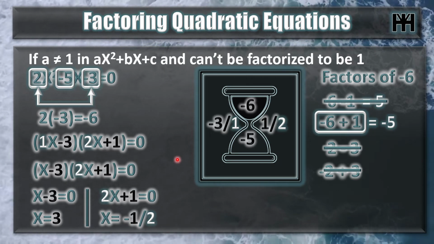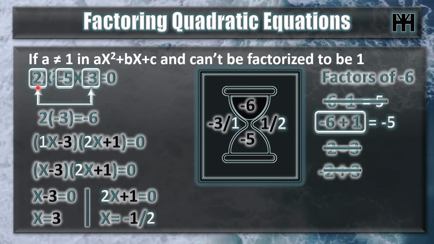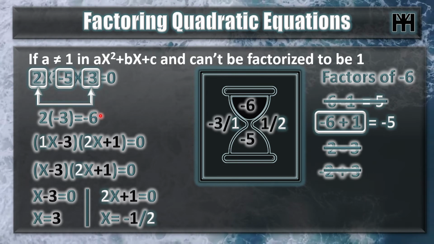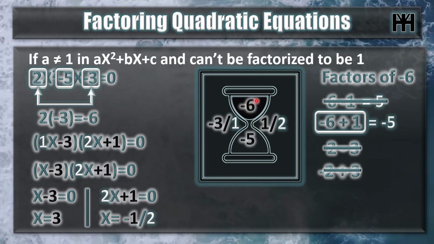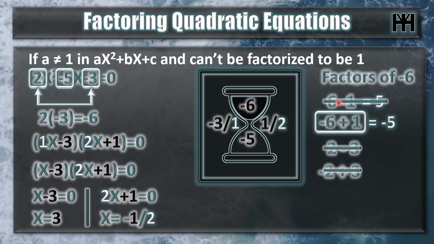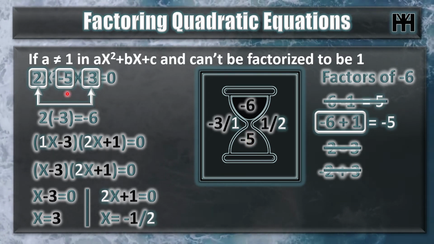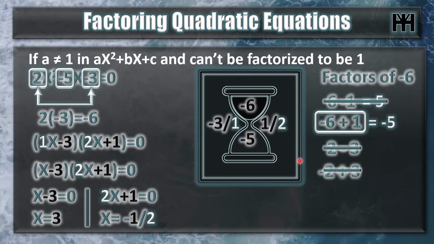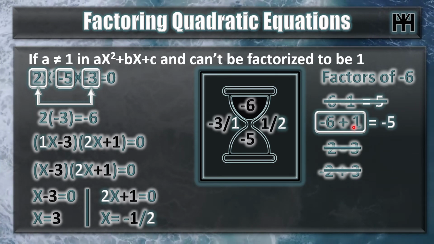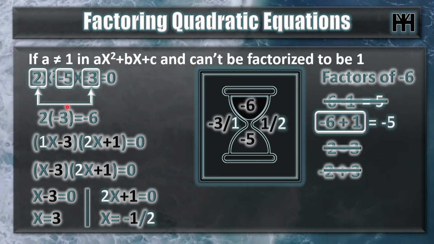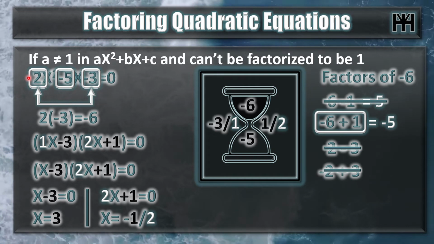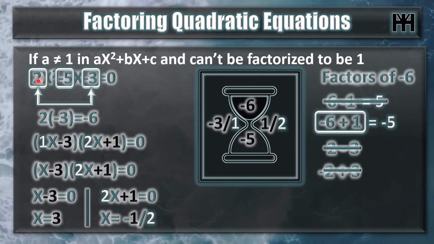So let's recap. We will multiply the 2 by the negative 3. It will give us negative 6. We'll put it here. Then we will look at the factors of negative 6 that add up to give us negative 5, this number here. We found that it's negative 6 and 1. So we will divide them by the a, the 2 here, the coefficient of x squared.